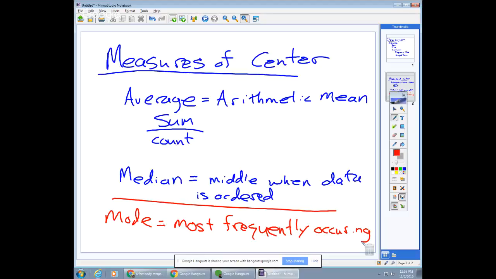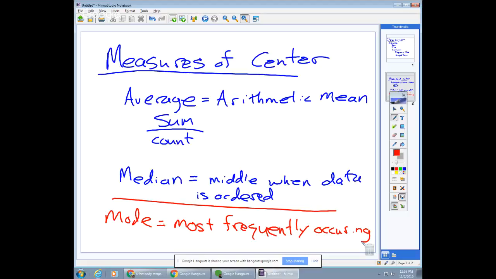Sometimes there's a mode, sometimes there's no mode, sometimes data can have more than one mode, sometimes it's meaningless. But the average, or mean, and the median are definite measures of center that we should find all of the time. And they tell us slightly different things about the data.